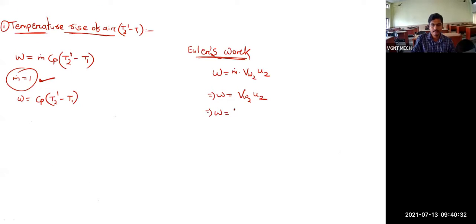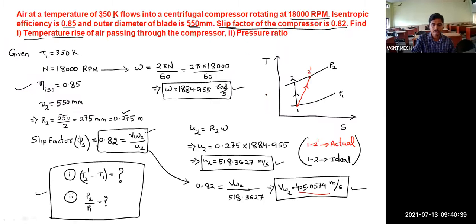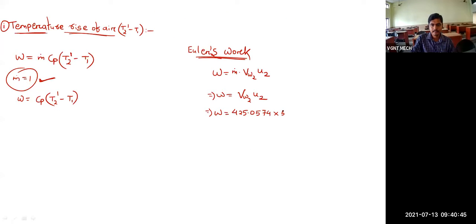Vw2 is 425.0574, into what is U2? U2 is this much, 518.3627.